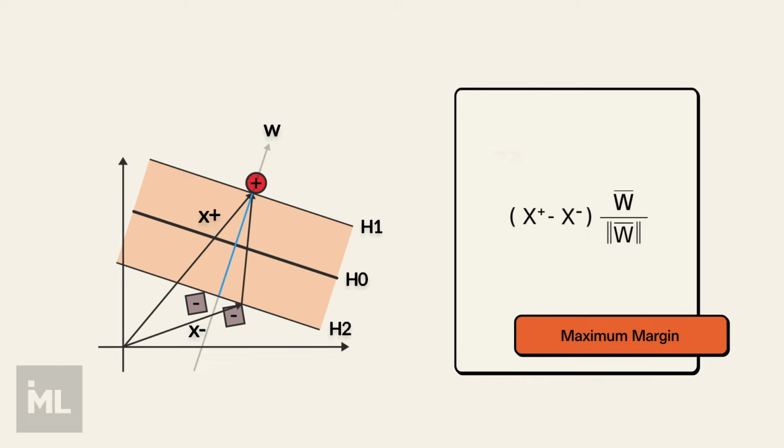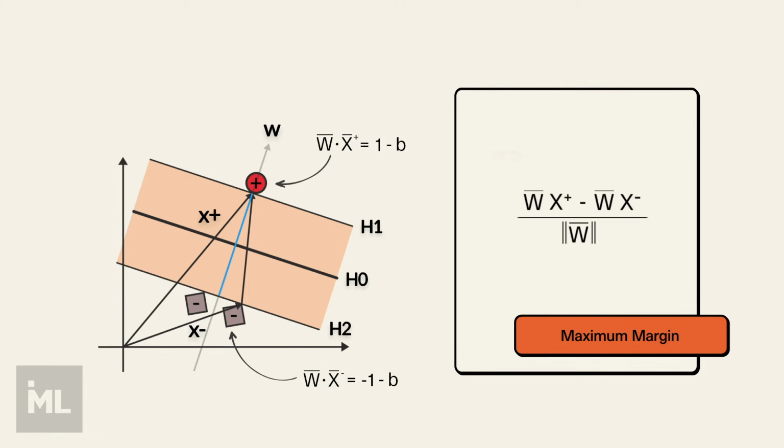From the previously derived functions for gutters H1 and H2, we can get w dotted x positive is equal to 1 minus b for the positive sample, and w dotted x negative is equal to negative 1 minus b for the negative sample. Let's substitute them back into the street width equation and derive it as 2 over the magnitude of w.